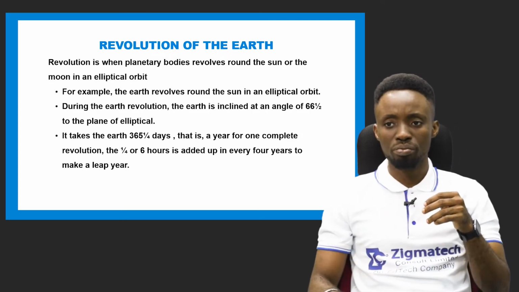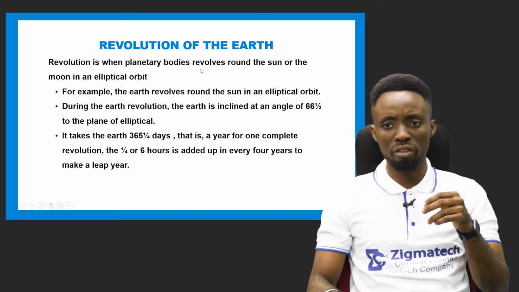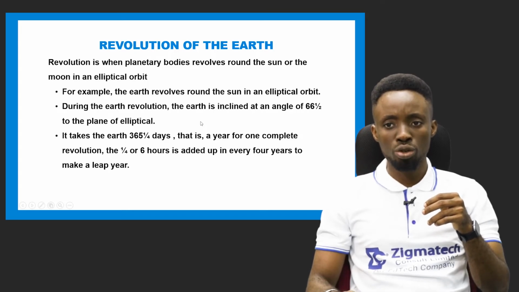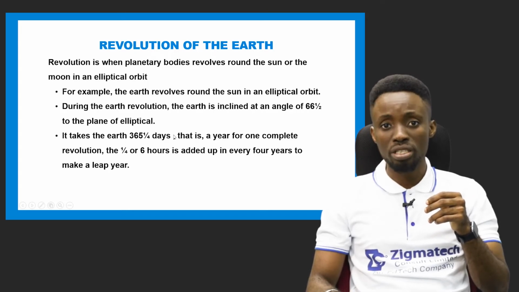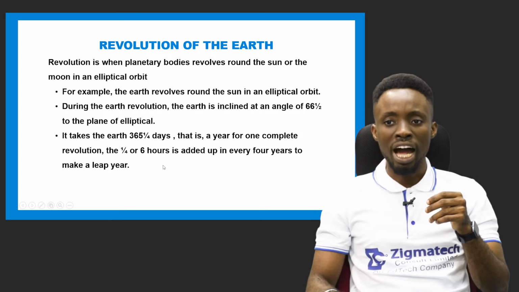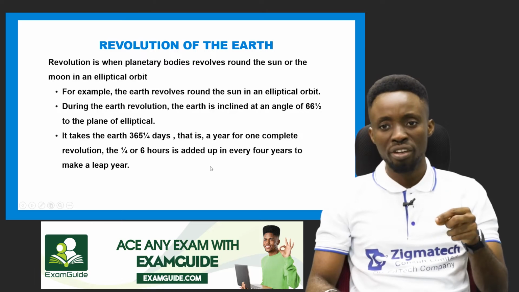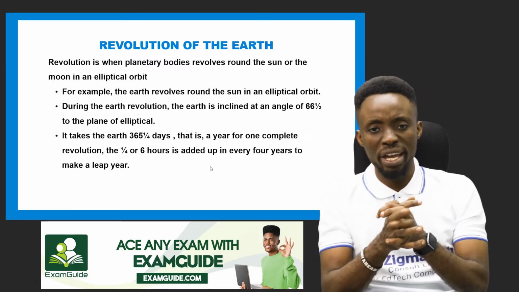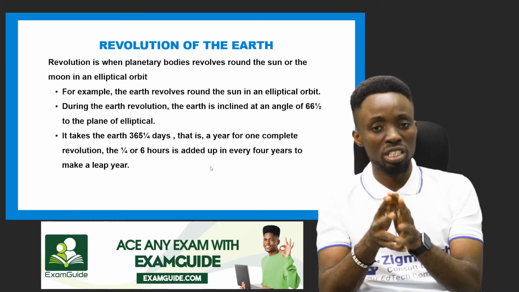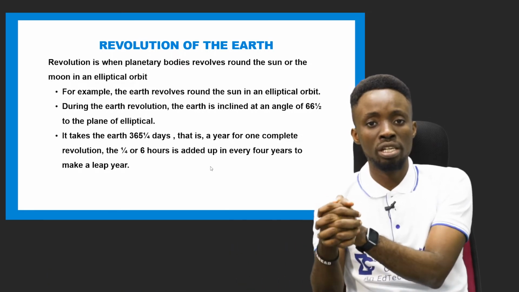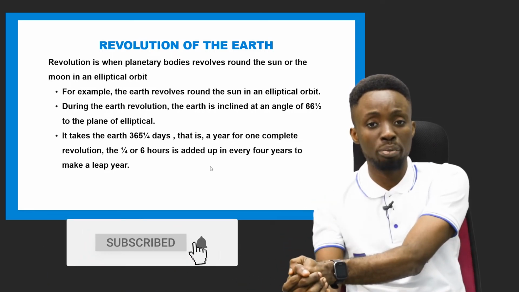So you see that for the Earth to make one revolution, it will take 52 weeks, that's 365 days. And the 1/4 day that is added to the 365 is actually accumulated over 4 years to be seen as a leap year.